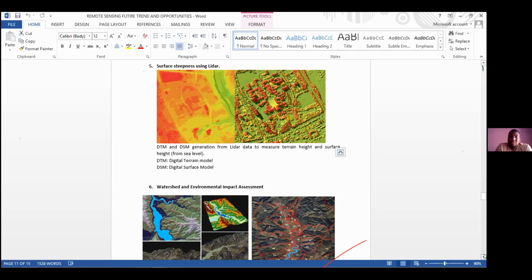What remote sensing can help you with is surface steepness analysis using LIDAR. You focus on two main things, the DTM and the DSM. The DTM is a digital terrain model, and you also do a digital surface model. So you are able to know how steep this area is, and whether it can withstand the weight of a 20-story building.